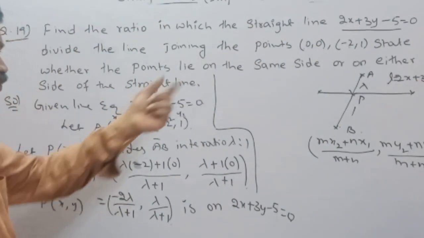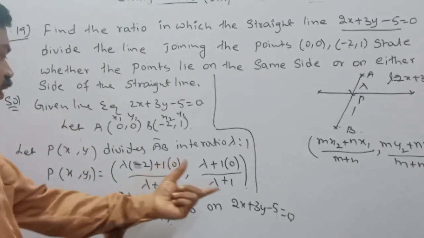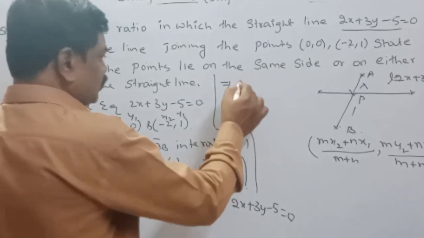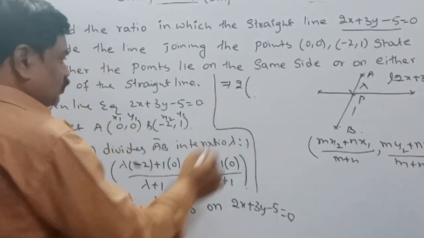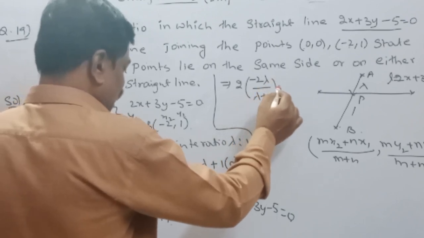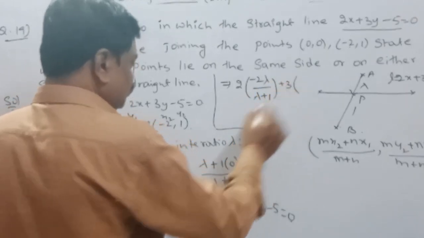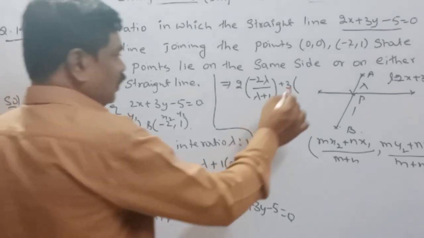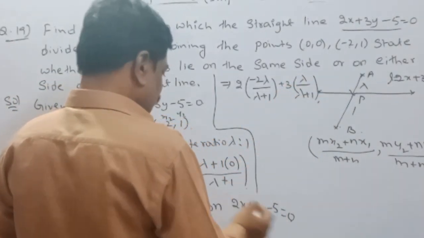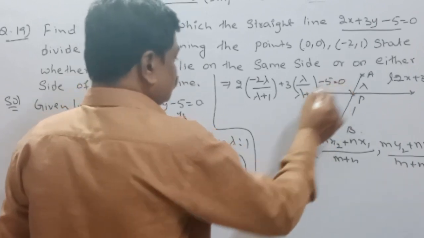Then you have to substitute this point in that line. So this implies 2 into minus 2 lambda by lambda plus 1 plus 3 into lambda by lambda plus 1 minus 5 equal to 0.